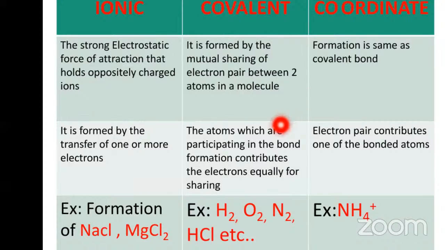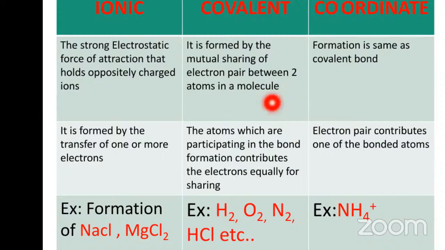In a covalent bond, the atoms participating in the bond formation contribute the electrons equally for sharing. But in a coordinate bond, the electron pair is contributed by only one of the bonded atoms. That is the difference between covalent and coordinate bonds. Otherwise, the formation is the same.